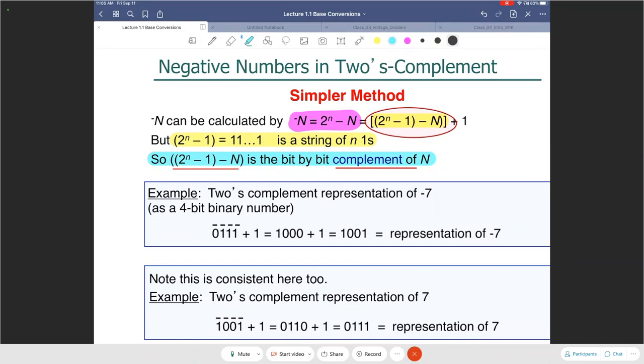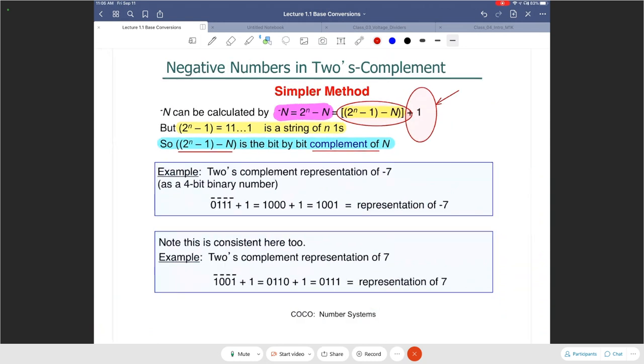What is left? The plus 1 is left. That's your third step: add 1 to the number. That's because of this guy. So I hope now you are able to make that connection between the shortcut and the definition.